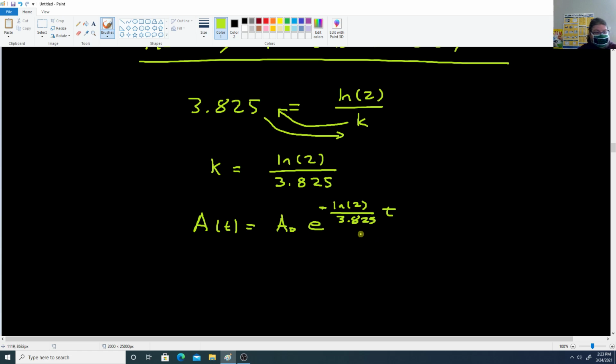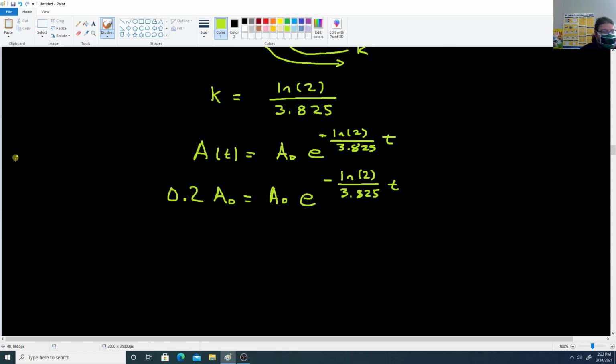So now that we have that, we say, all right, if you start with A naught, that's the initial amount, we want to know the time it takes for, if 80% is gone, then 20% is left. So we want 0.2 A naught over on this side.